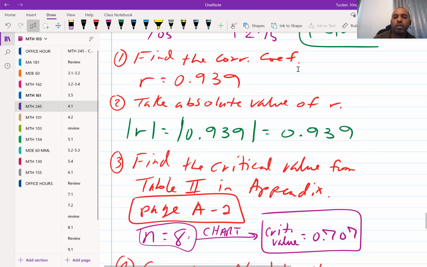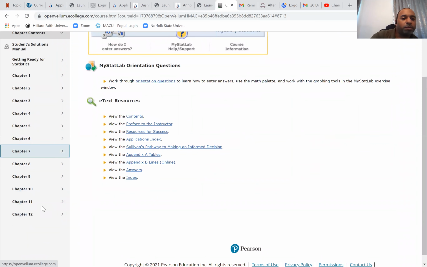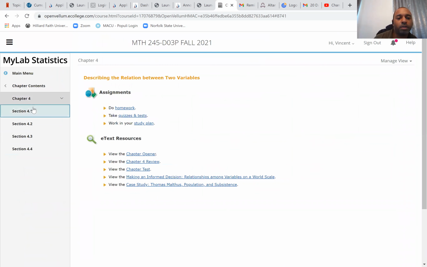All right, so let's go to the page. Here you can either go to chapter contents or e-text. It doesn't matter, I just want to get to the book.